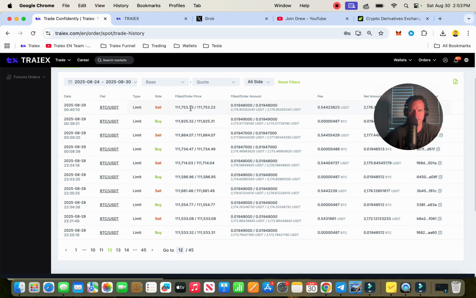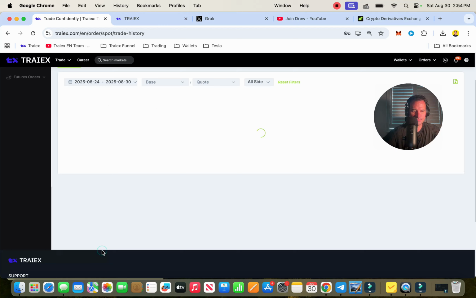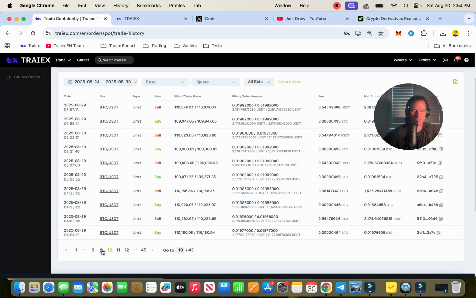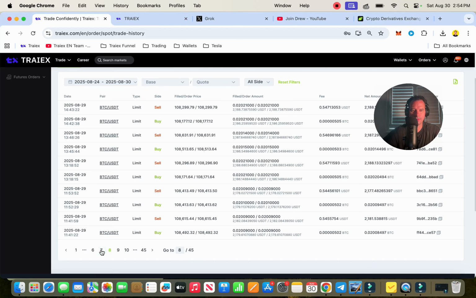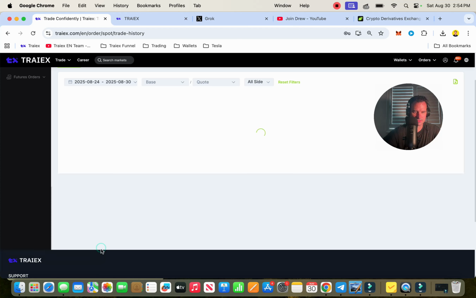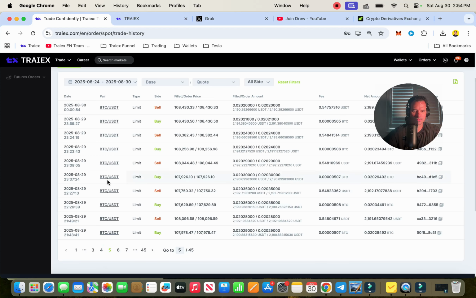Okay, so we've got profit, and then the 28th there. So there's page number 12 has 2 trades on it. Okay, so we'll go back here and we'll count things. So there's 1, 2, 3, 4, 5, 6, 7.